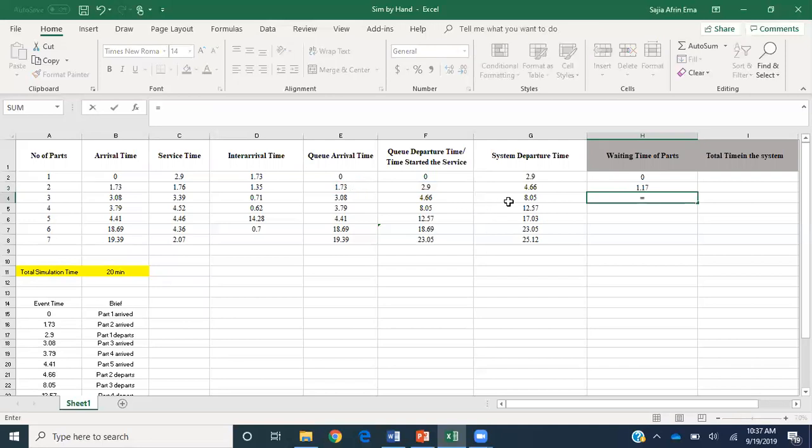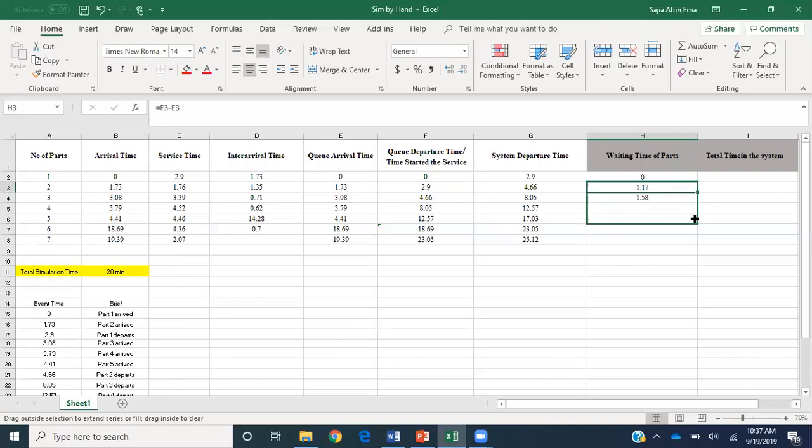What about part 3? It joined the service at 4.66 minutes, and it arrived into the queue at 3.08 minutes. So that's how I'm going to do it up until part 6. I'm not going to do it for part 7. Why?